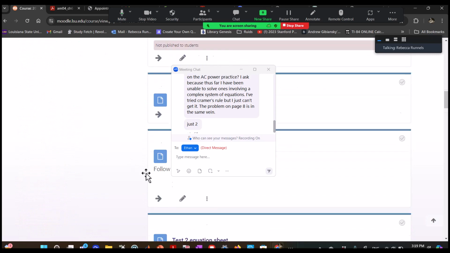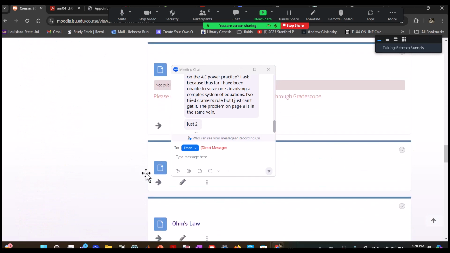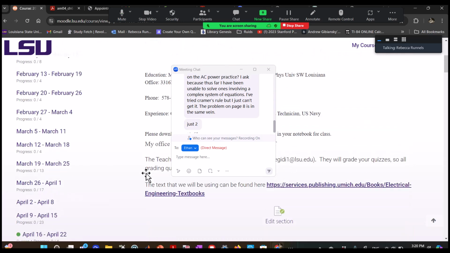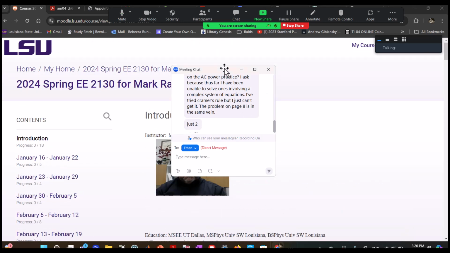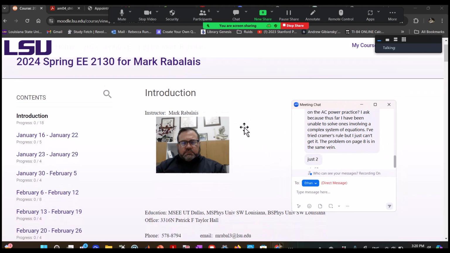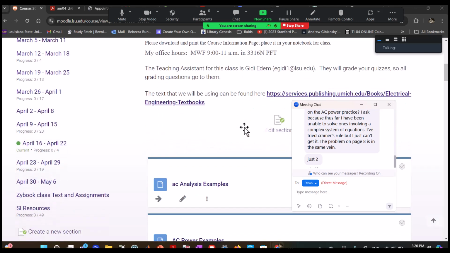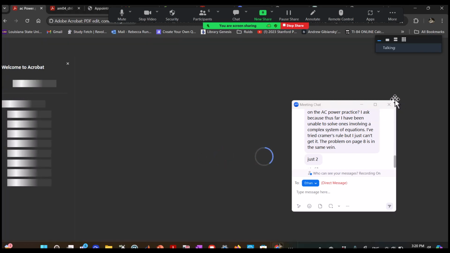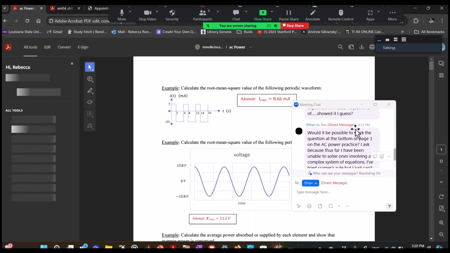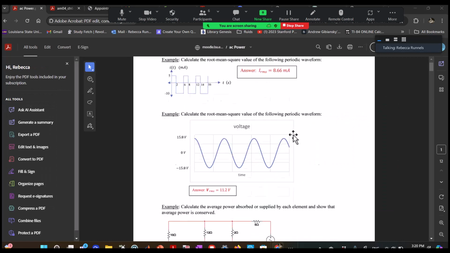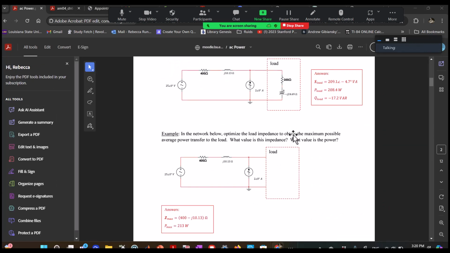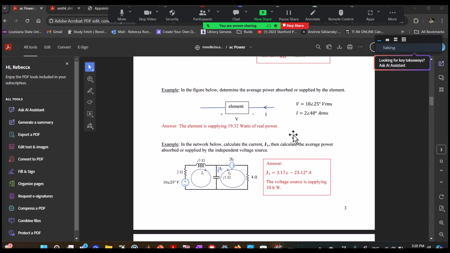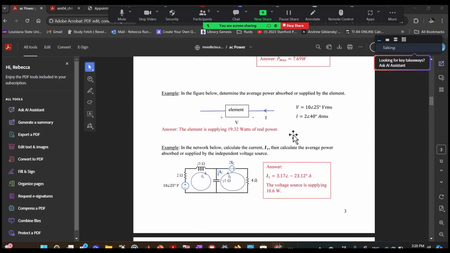It's on the second tab of the introduction, all the way up to the top. AC power two, question at the bottom of page 3. I have it looked up if you want. Variable current. Yeah.